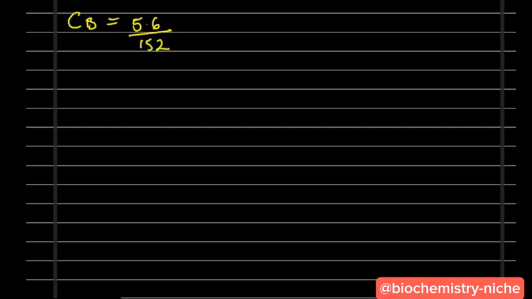So our Cb is going to give us 0.03684. That is the three significant figures. We'll be having it to be what?